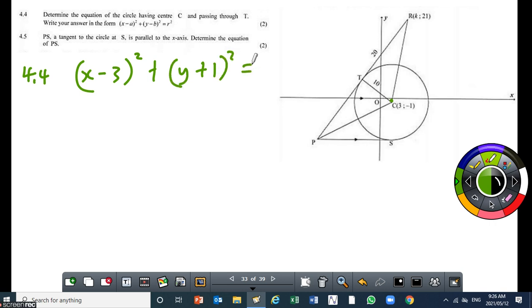And the radius is 10 units, so this will be 10 squared, like that. Okay, you leave it like this. Well, if you wanted to, I would suggest that at the bottom, as I said yesterday, you can convert that 10 squared to 100.